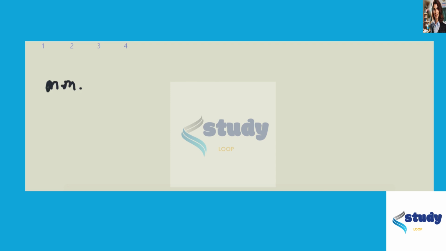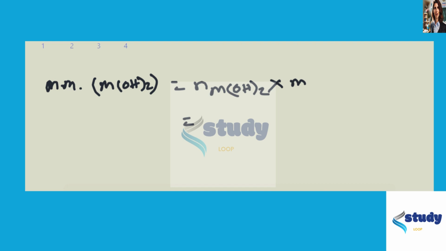That means the molar mass of the metal hydroxide will be the mass of the metal hydroxide over the number of moles of the metal hydroxide.